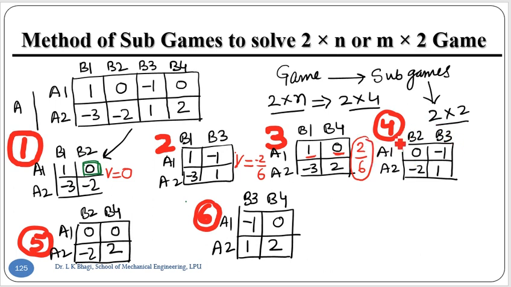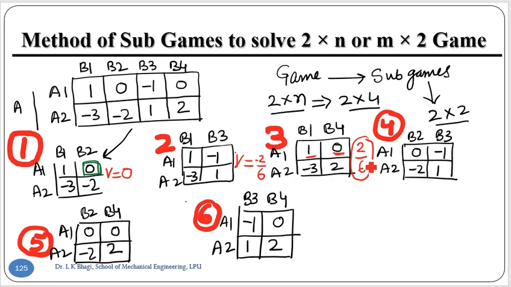Now we go with subgame 4. Again we check whether a saddle point is going to exist or not. Before this, in the first 3 subgames, the values come to be 0, minus 2 by 6, and plus 2 by 6.